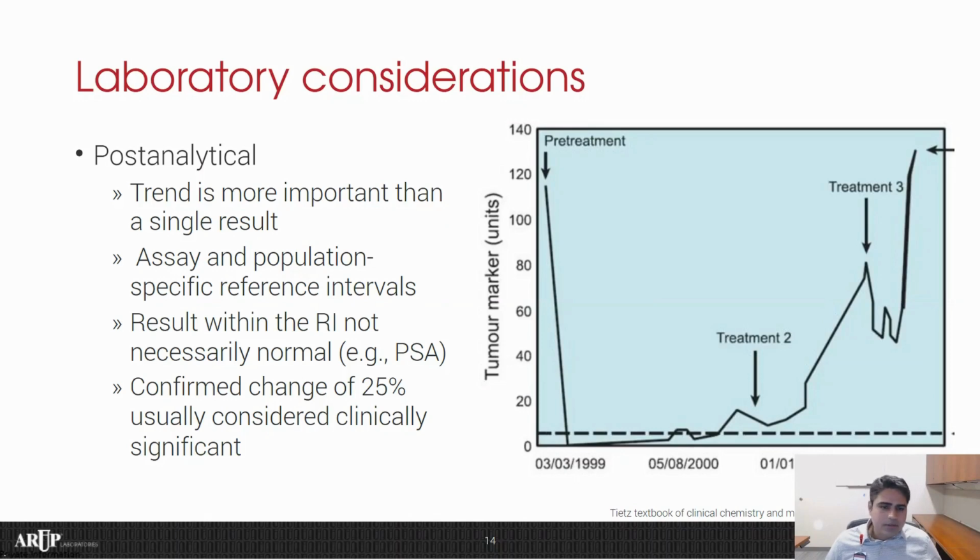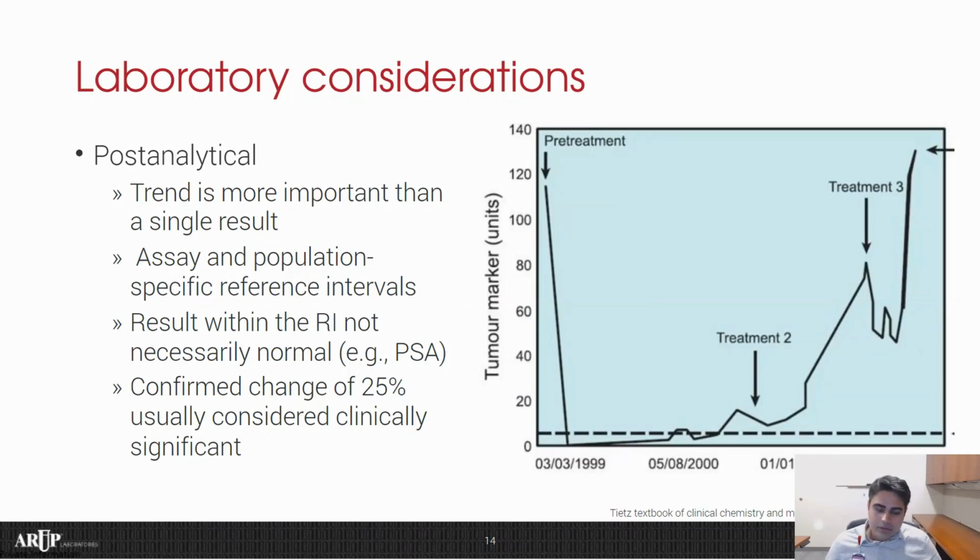Another important thing to note is assay and population-specific reference intervals. So the reference intervals for tumor markers should be specific to the demographic that they are tested in. And interestingly, a result for some tumor markers within the reference interval does not always mean that it's a normal result. So a good example is prostate-specific antigen.